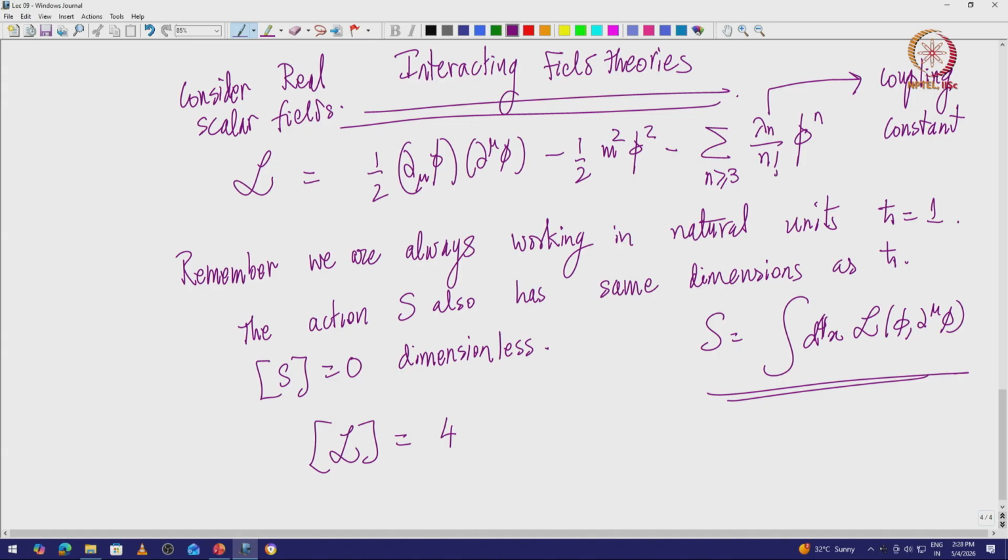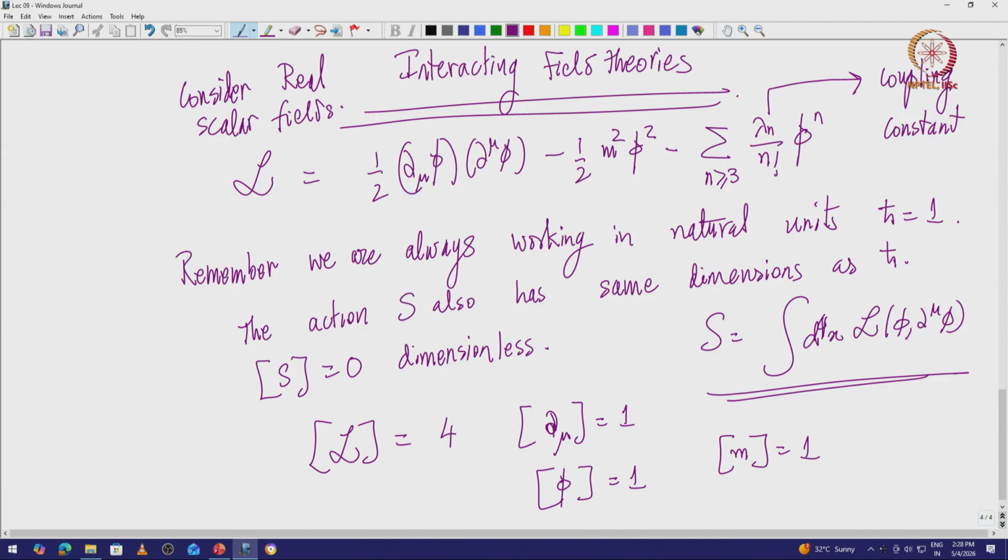Putting this, we have the dimension of del mu to be 1, the dimension of phi to be 1, the dimension of m to be 1. Okay. So with this, the first two terms are already satisfied. They have dimension 4. It's obvious for del mu phi.